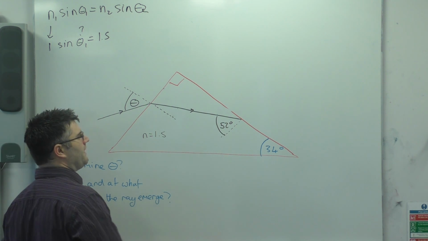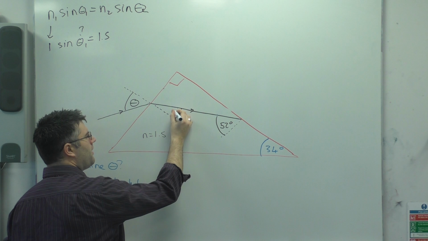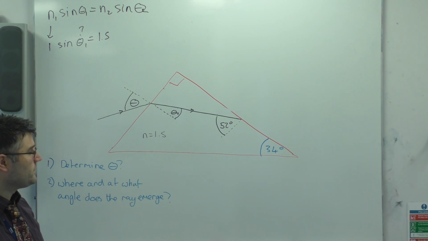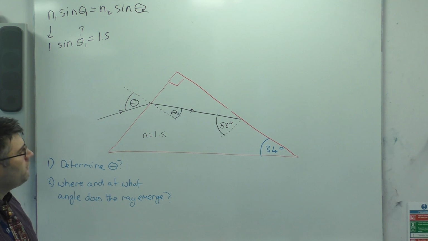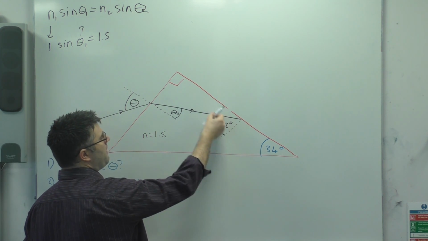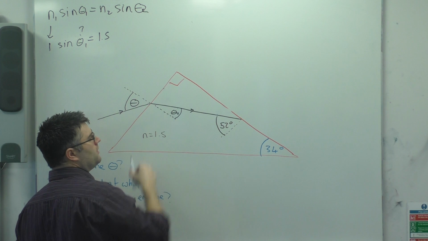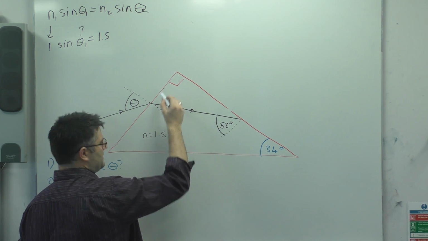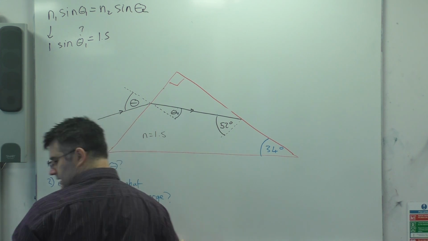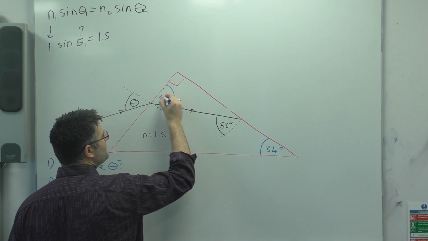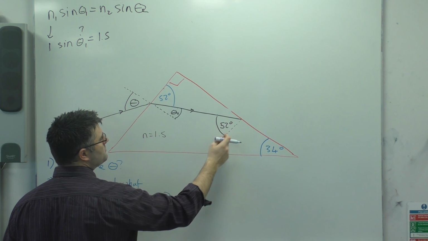Well, we've got a bit of a problem now because this angle here is theta 2, and we don't know what theta 2 is. Or do we? Well, if we look at the geometry of this situation very carefully, what you'll notice is that this line is directly parallel to this line right here. Which means, given the geometry, this angle right here is 52 degrees as well as this one right here.